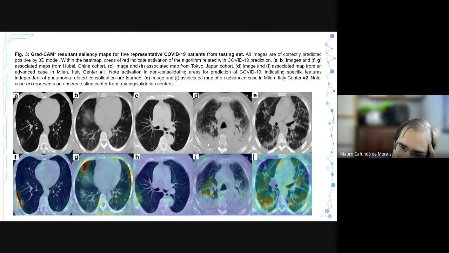In some cases, not other cases such as this one, it highlights pretty well the region where we can see the so-called ground glass opacity. In others, I think this is atelectasis or high pleural effusion here, so it's more difficult to detect, but the ground glass at least is really, really interesting.